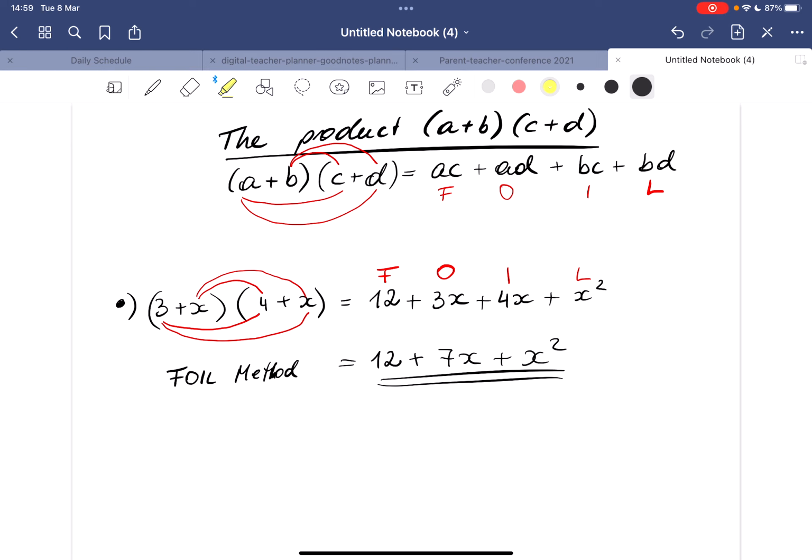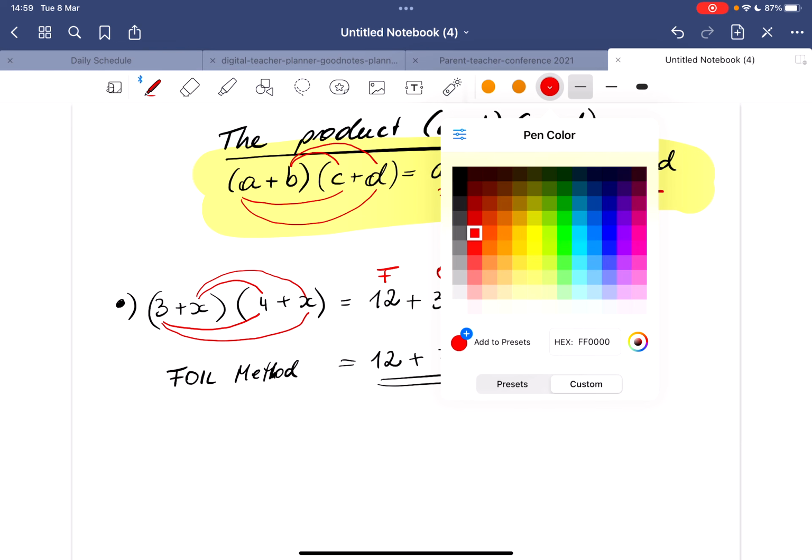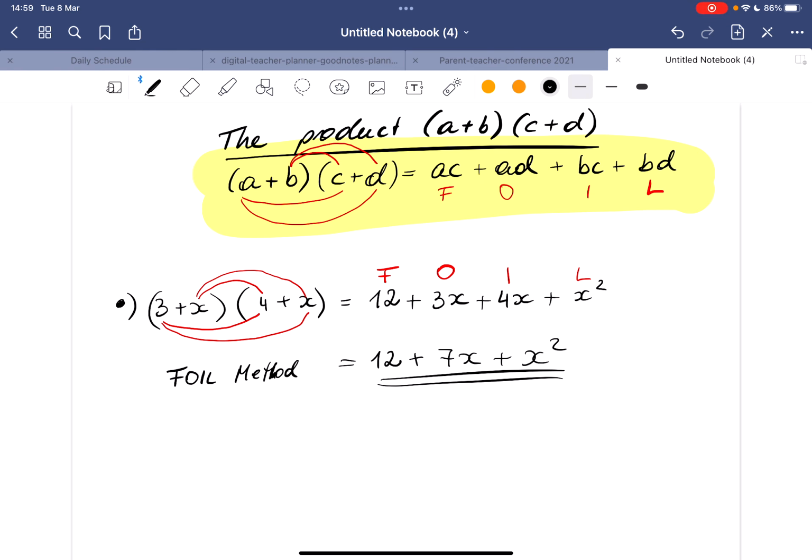That's a general rule that you can always apply to products, so you should memorize that. And I said that I'm going to show you another method, and I'm going to show you that other method down here with this very same example. So on Delta Math, they show you something that is called the box method. They would give you a box like this, and this is actually a multiplication grid.